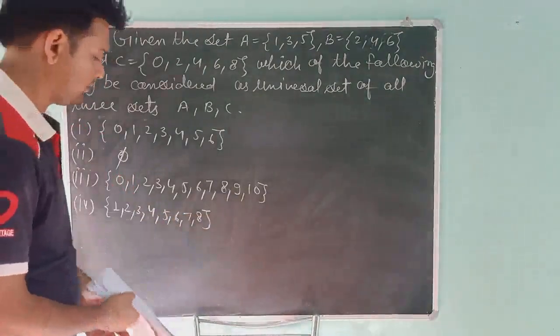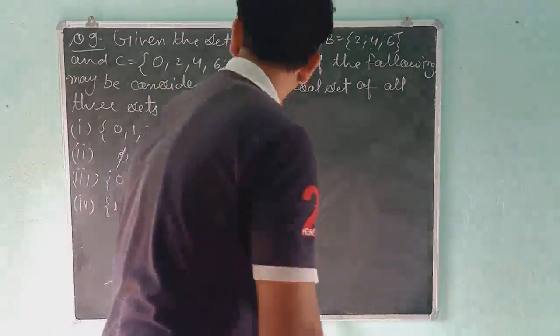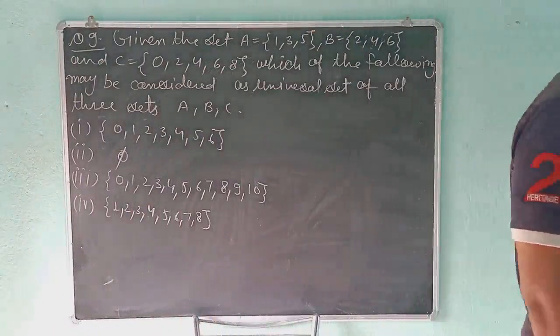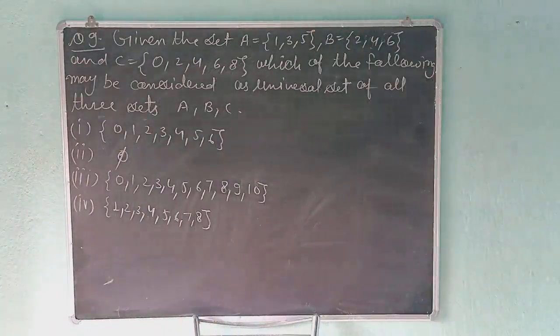So students, in question number 9 we are given the sets A, B and C. We have three sets: the first set is A, the second is B and the third is C. The elements of set A are 1, 3, 5, the elements of set B are 2, 4, 6 and the elements of set C are 0, 2, 4, 6, 8.